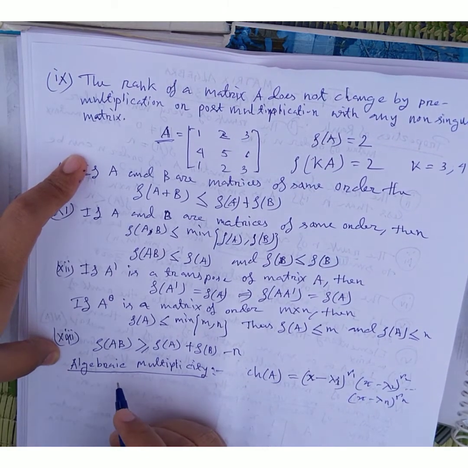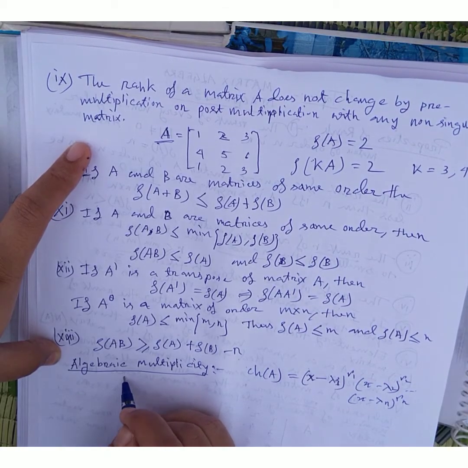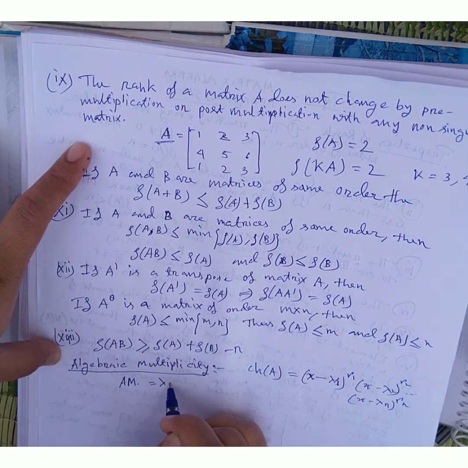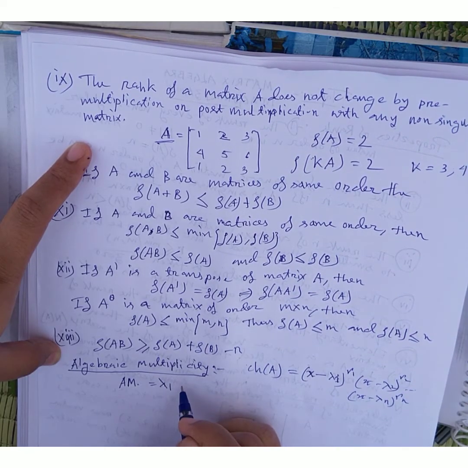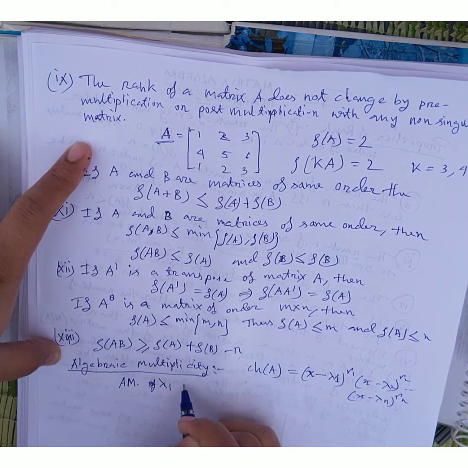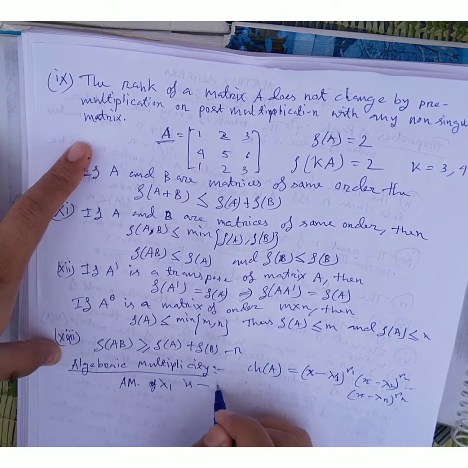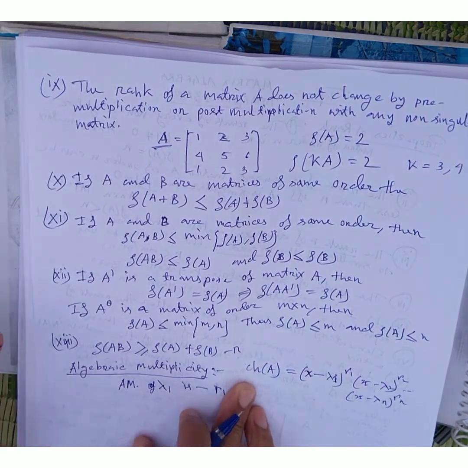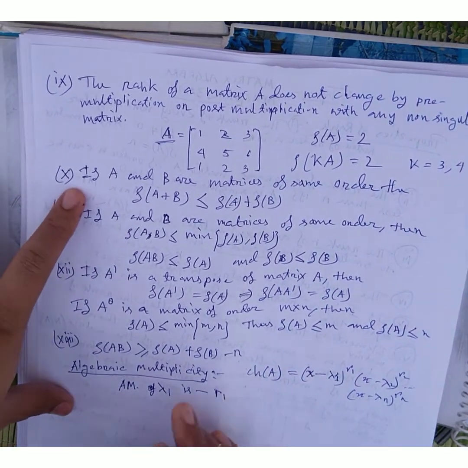Then friends, the algebraic multiplicity of lambda 1 is equal to R1.